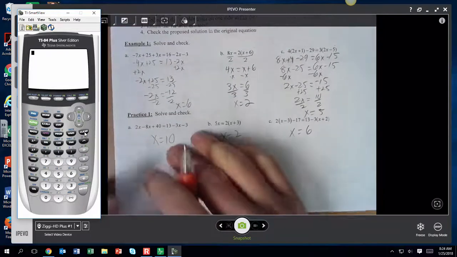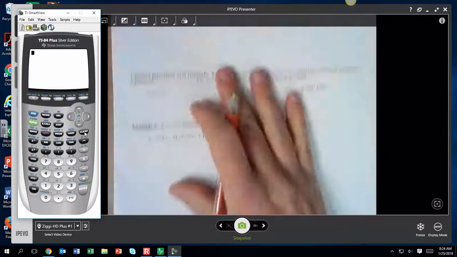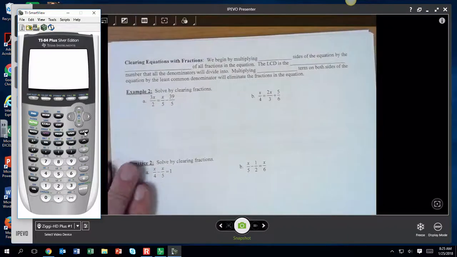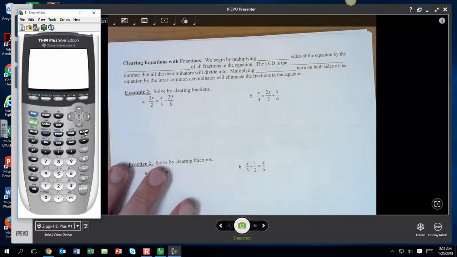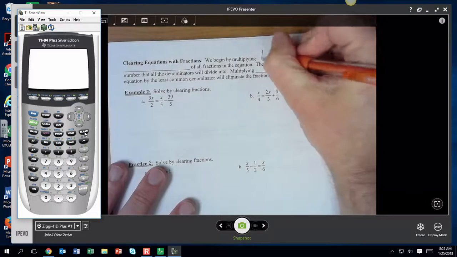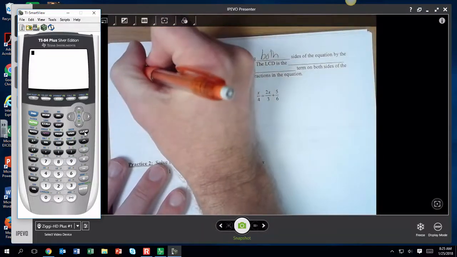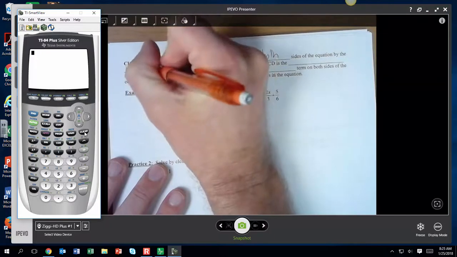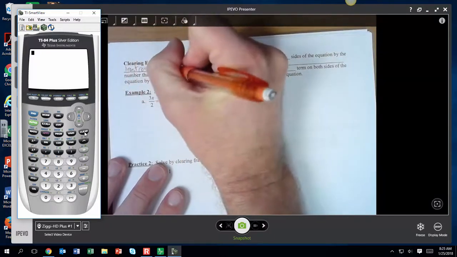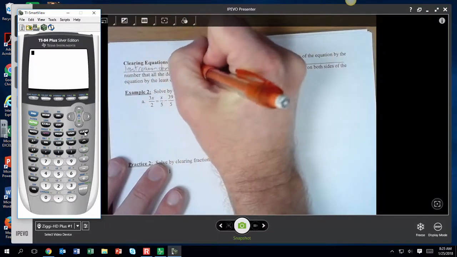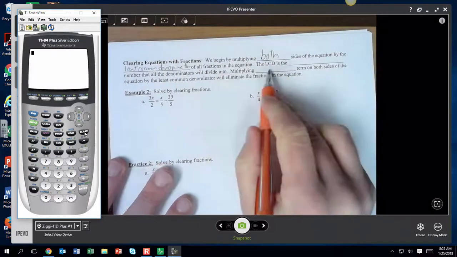Next, we're going to talk about clearing equations with fractions, when we begin by multiplying both sides of the equation by the least common denominator of all the fractions in the equation.